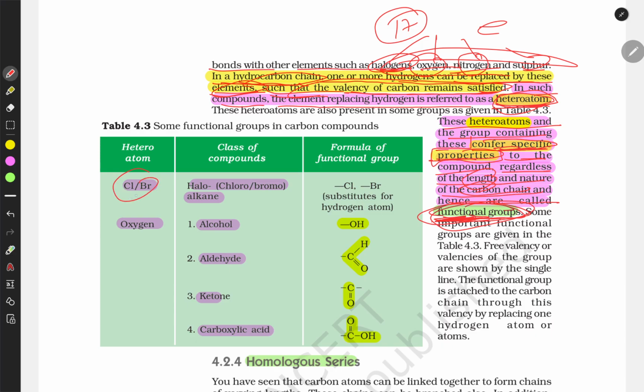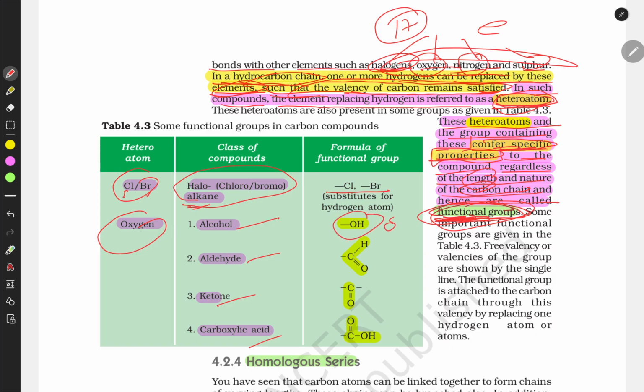When heteroatoms like chlorine, bromine are there, they form haloalkanes, and oxygen forms multiple types of compounds like alcohol, aldehyde, ketone, and carboxylic acid.